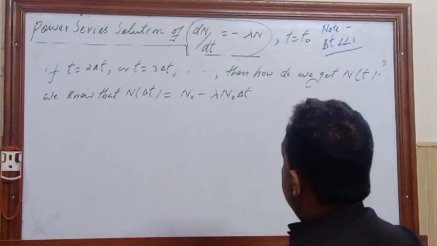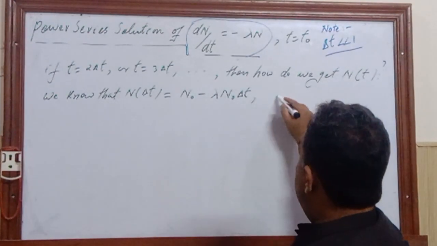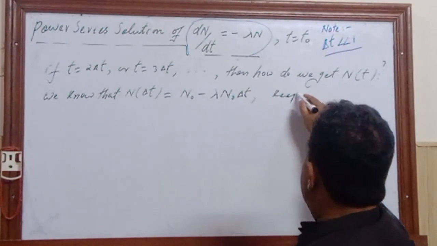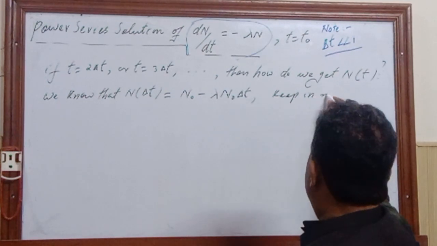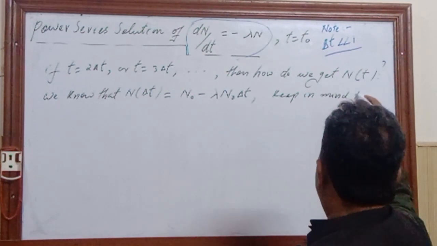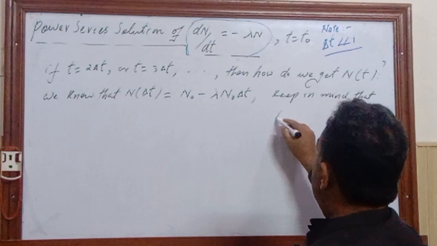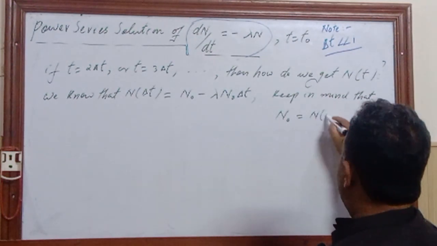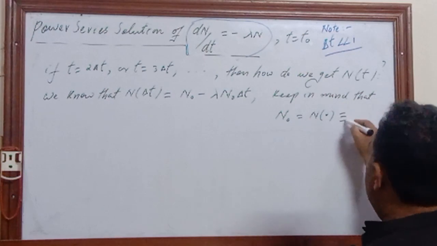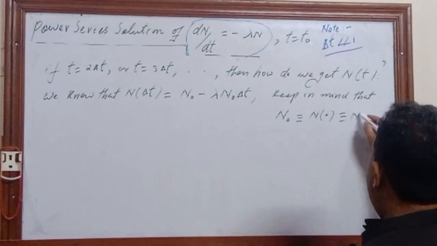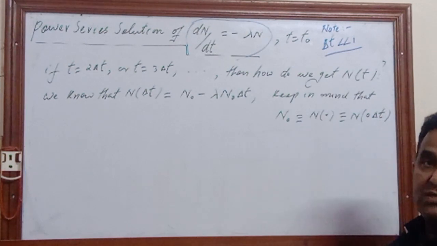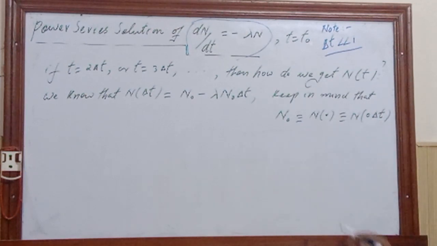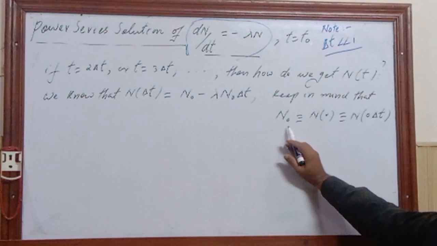As you know, keep in mind that n naught is equal to n of 0, and this can be written as n after 0 time intervals. After 0 time intervals, it means the originally present number of nuclei at the starting value.